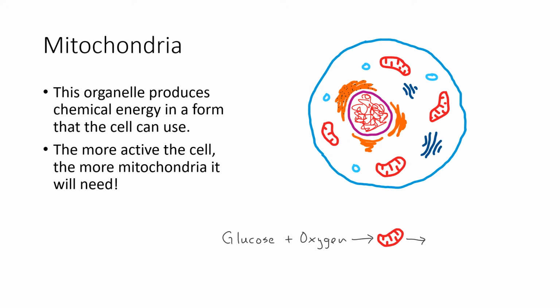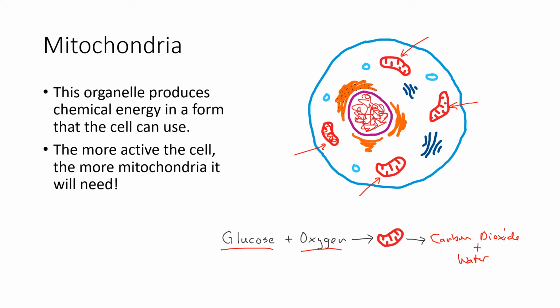So our next organelle that we're going to have a look at here are the mitochondria. They're usually represented by these sort of kidney bean shapes. They have their own internal membranes inside of them, and what they are very good at doing is making lots and lots of energy molecules for the cell. And so a prokaryote, of course, will do the same sort of thing. It'll take some glucose and oxygen and break it down to make some energy molecules for itself, and you'll end up making carbon dioxide and water.